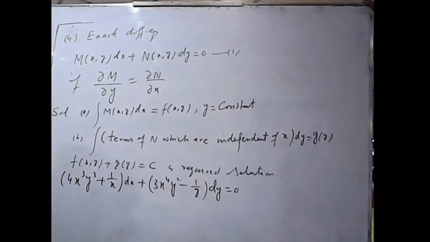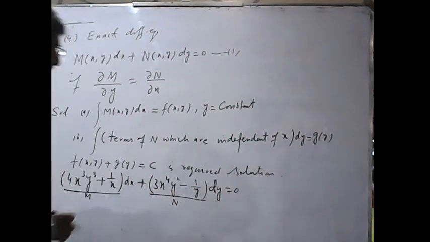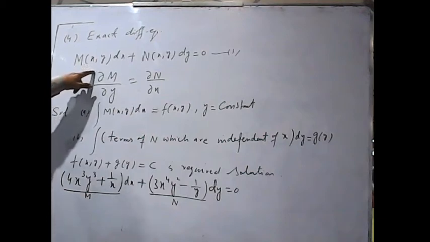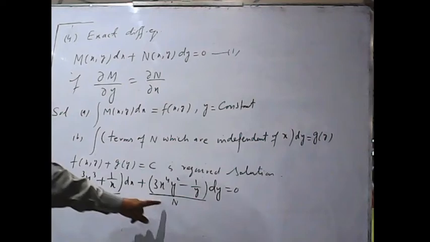Now the question is already in standard form, otherwise write the equation in standard form. So this is our capital M, the function M(x,y), and this is our capital N. By comparing with the general form, the multiplier of dx is M and of dy is N.